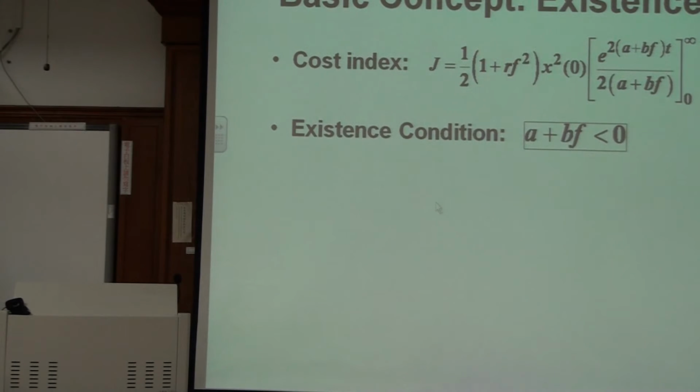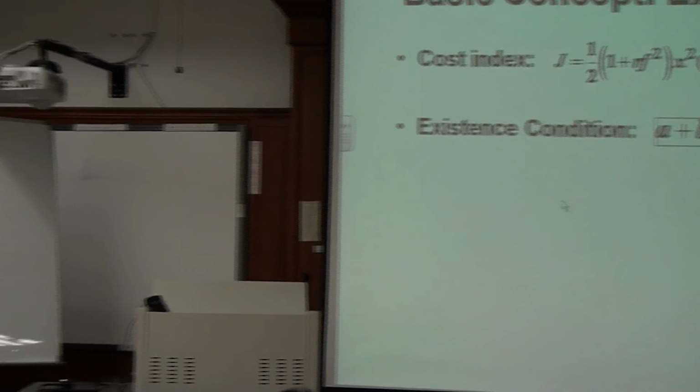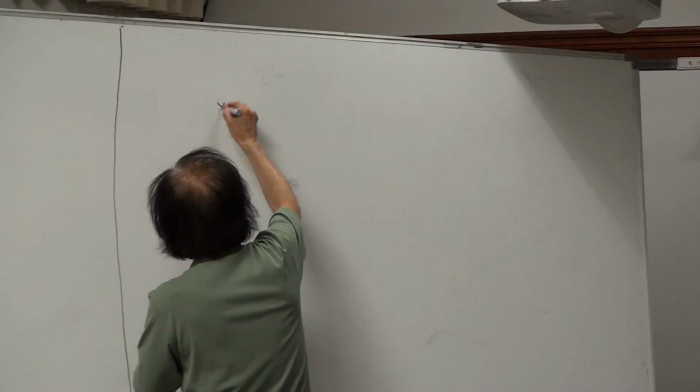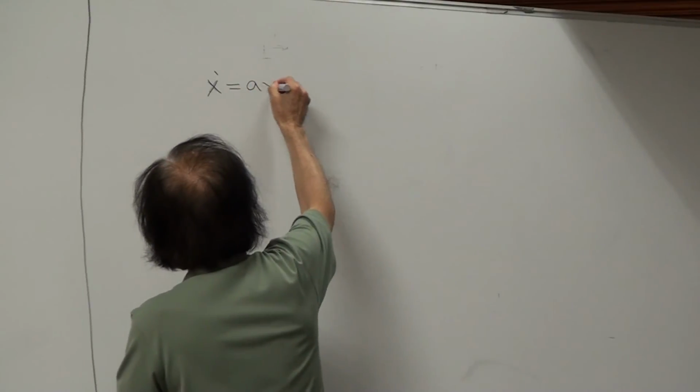Now, what do we mean? Our problem is x dot equal to ax plus bu.